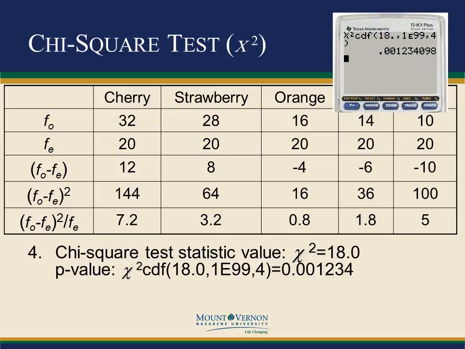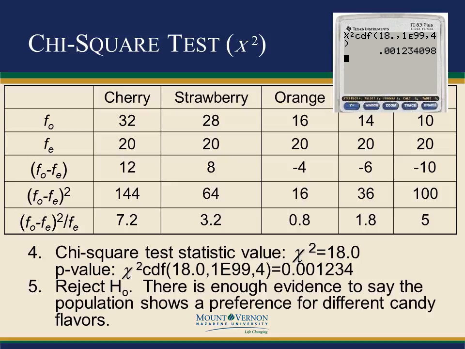I used the chi-squared CDF of 18, and then 1E99, of course, the largest number our calculator can handle, and 4 degrees of freedom. You need to specify the degrees of freedom for chi-squared. And I got 0.001234, which is clearly less than 5% or 0.05. And so I'm going to reject the null hypothesis, and my conclusion is that there is enough evidence to say that the population shows a preference for different candy flavors.